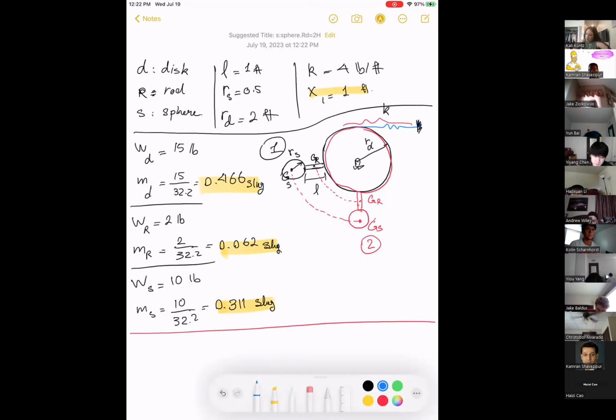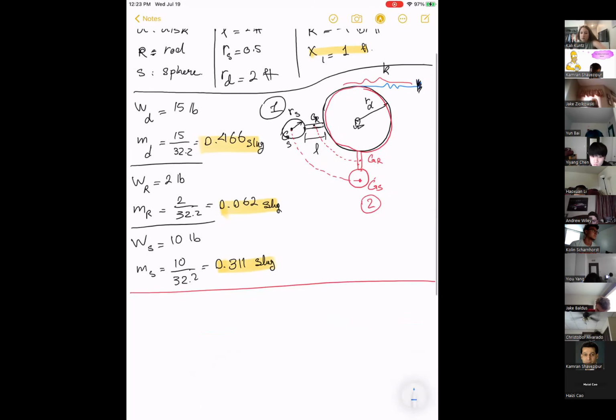Yes or no? Someone? No. No non-conservative force. We have just gravity and a spring. If that's the case, there's no non-conservative force.